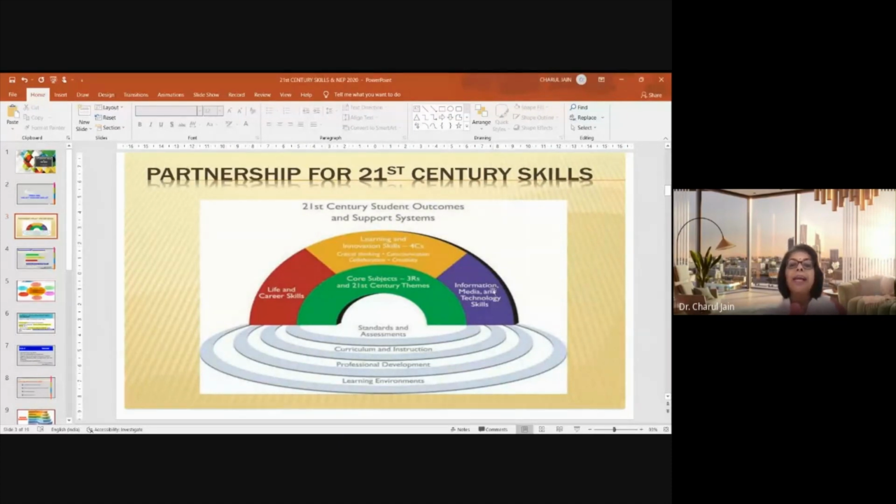Right. So as you can see at the center, can you see my cursor? The core subjects, 3 R's, and the 21st century themes are still the core. And the core subjects, as we knew, as we studied in school, are sciences, maths, social science, history, geography.